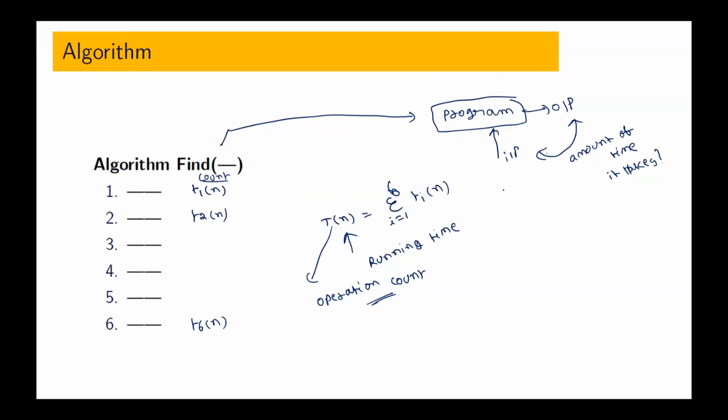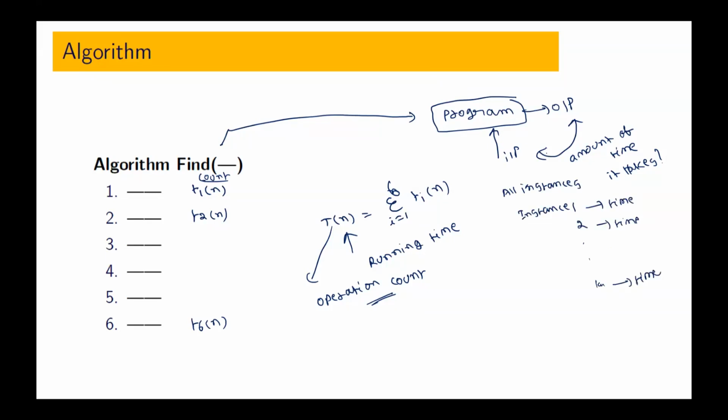After implementing, for instance one, what is the time? Instance two, what is the time? Like this, for the last instance, what is the time? Like this, we can calculate.